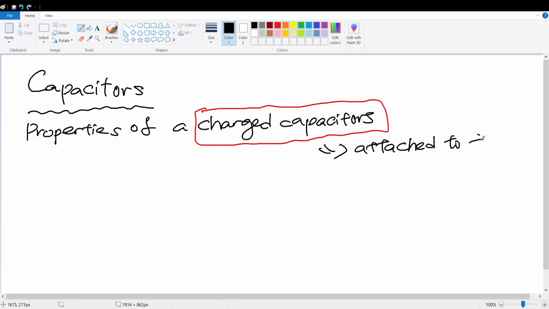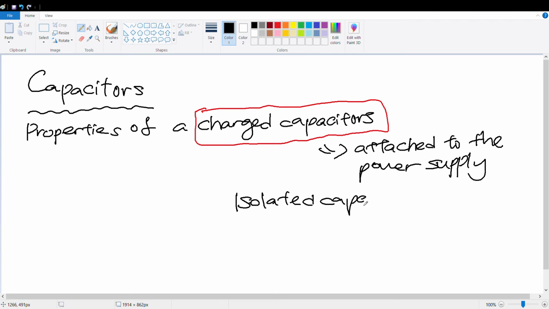There are two types of capacitor. For the first condition, the charged capacitor, as we mentioned just now, is attached to the power supply. As for the second condition, the capacitor is what we call an isolated capacitor. So this is another form of capacitor.